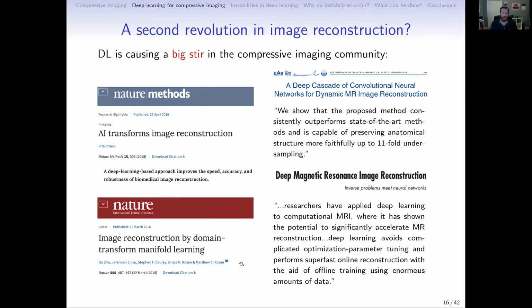And many of these claim that deep learning is offering state-of-the-art performance for image reconstruction. So maybe I'll single out this Nature Methods research highlight article here, where the title is AI Transformed Image Reconstruction. And it mentions that a deep learning-based approach improves the speed, accuracy, and robustness of biomedical image reconstruction.